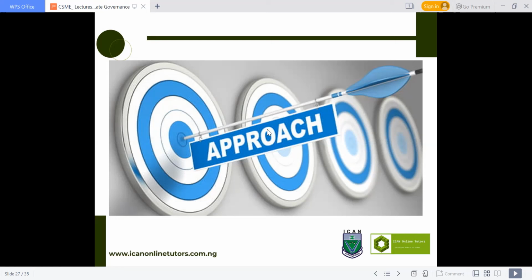How many approaches to corporate governance do we have, my people? We have two: rule-based, and principle-based. Principle-based can sometimes also be called the conceptual framework, or sometimes we can also call it the comply or explain principle.